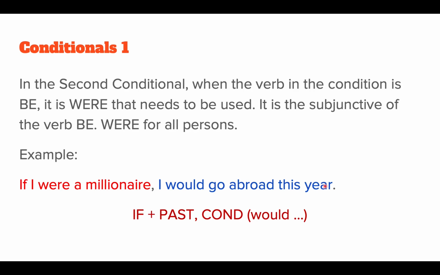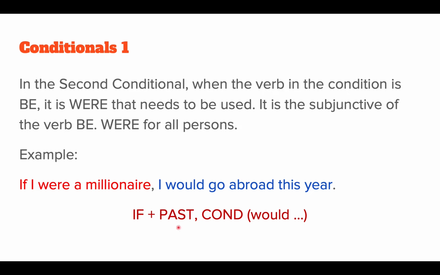In the second conditional, when the verb in the condition, in the if part of the sentence, is the verb be, it is were that needs to be used. Actually, this is not the past, right?